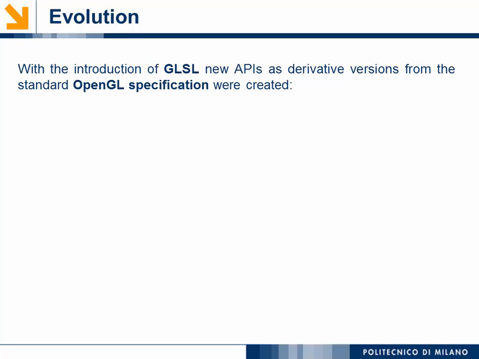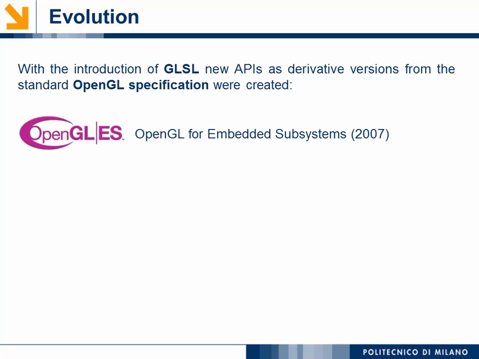With the introduction of GLSL, new APIs derived from the main standard OpenGL specification. OpenGL ES, for example, was the first one in 2007. It was for embedded systems.